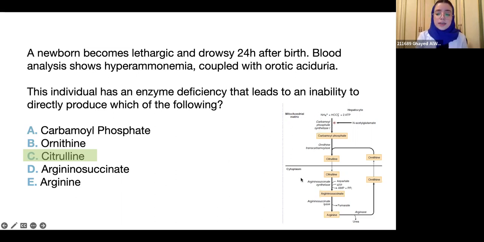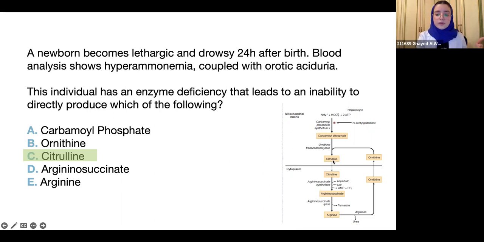So let's say argininosuccinate synthetase or argininosuccinate lyase were deficient, then we would have elevated levels of citrulline, right? Because the urea cycle can't progress. It's kind of stuck at this step. If the enzyme argininosuccinate synthetase, which takes citrulline and combines it with aspartate to make argininosuccinate, is deficient, then citrulline is going to start to accumulate.